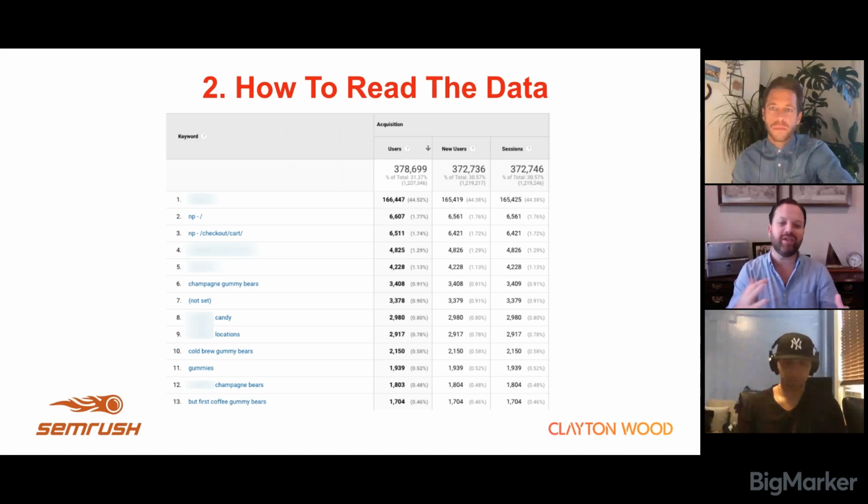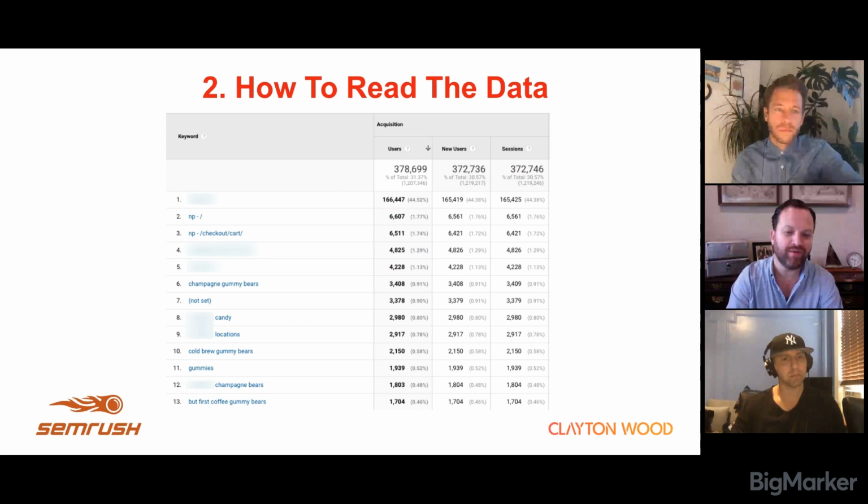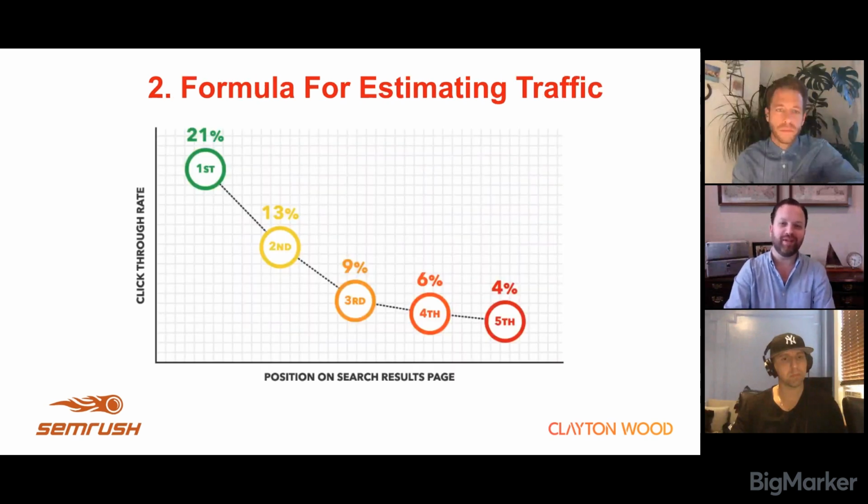So this allows us to say, okay, we don't need to spend so much money on non-branded keywords and maybe move some of that money into branded keywords since that leads most of their traffic. So extremely valuable data for just a little bit of work uncovering a bunch of the keywords.